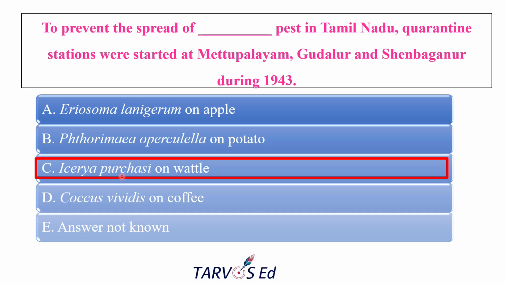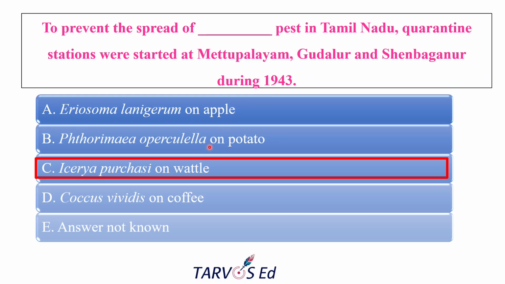Why the others are wrong: Eriosoma lanigerum, which is the woolly aphid, mainly occurs on apple in Himachal, Jammu and Kashmir and all. Quarantine measures for this were started later, but not in 1943. Phthorimaea operculella is the potato tuber moth.